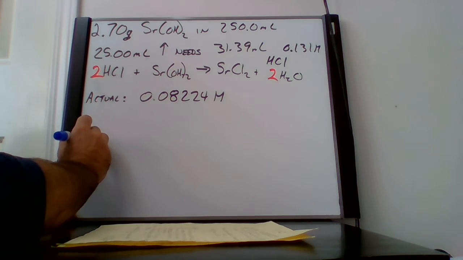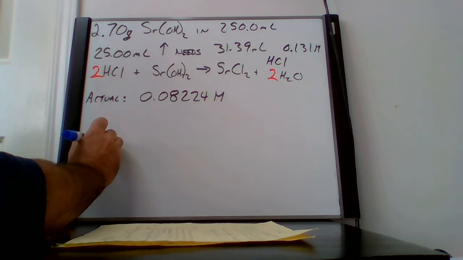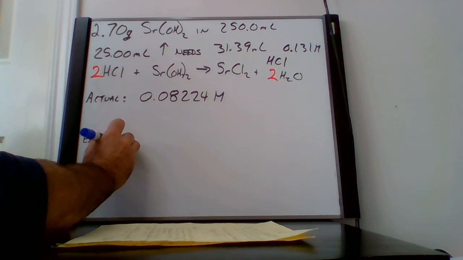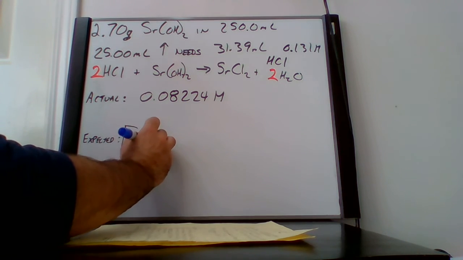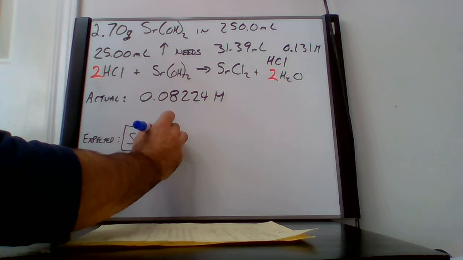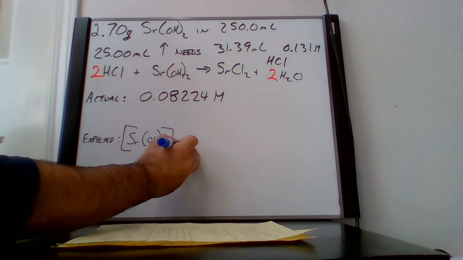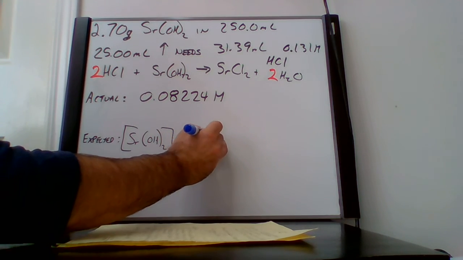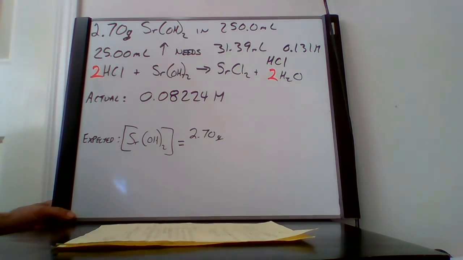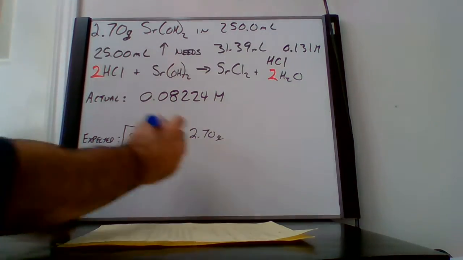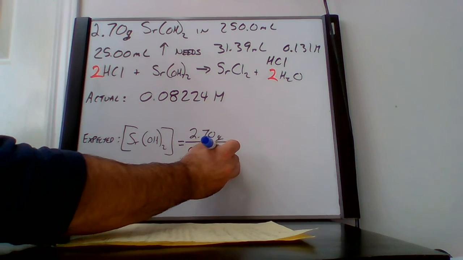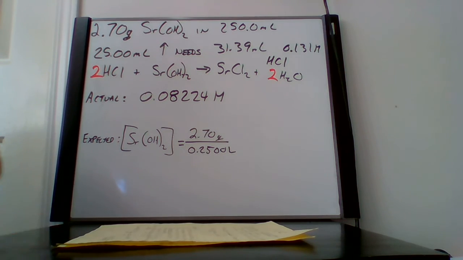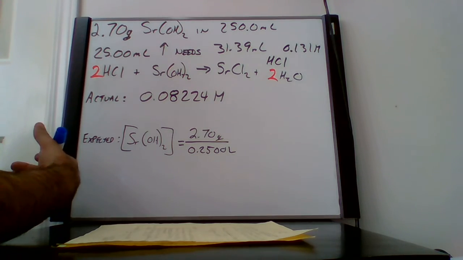Now our expected value for our concentration of that Sr(OH)2 is, well, I took my 2.70 grams, and that was in 250 milliliters, so 0.2500 liters. But again, this is concentration in grams per liter.